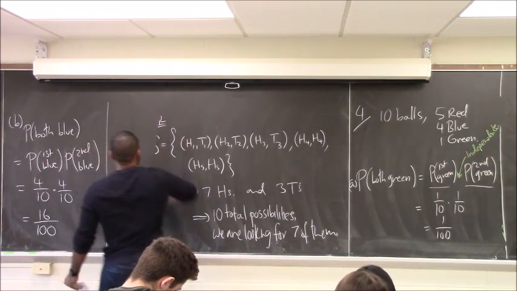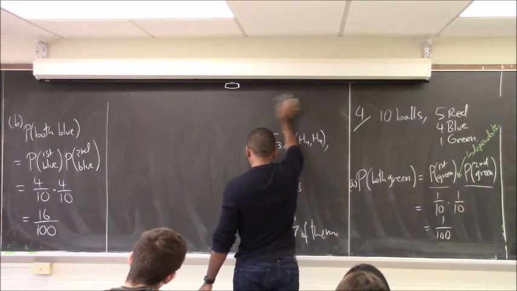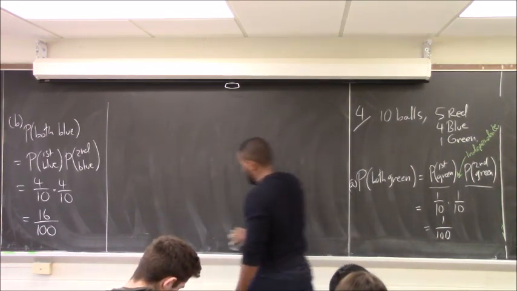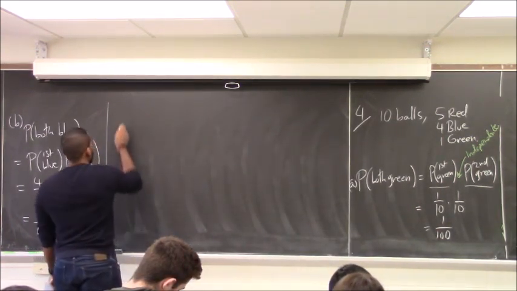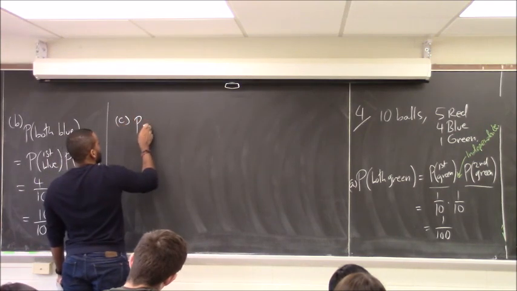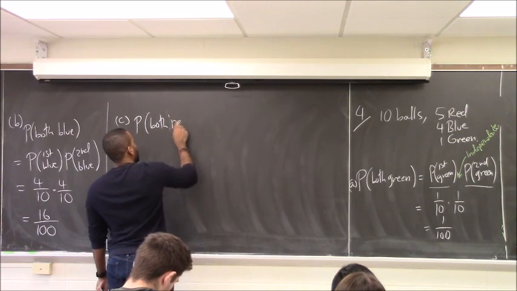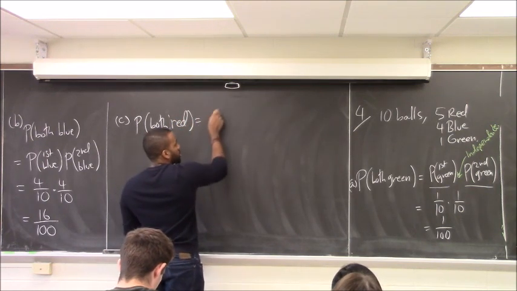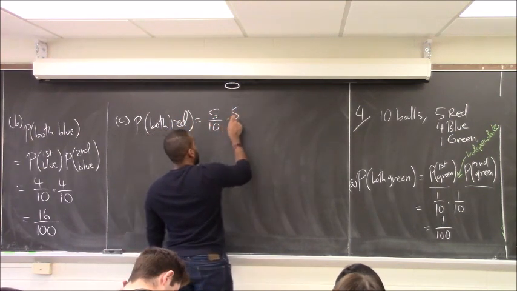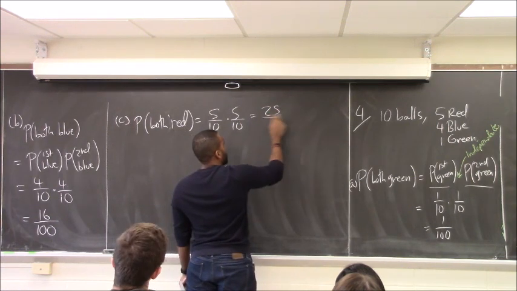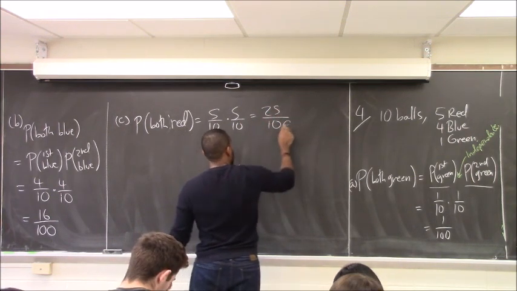How did you do both the same color? So we figured out the probability of them being both red, them being both blue, them being both green. So the probability of both red is 5 out of 10 times 5 out of 10. There's a 25% chance that you pick 2 reds.